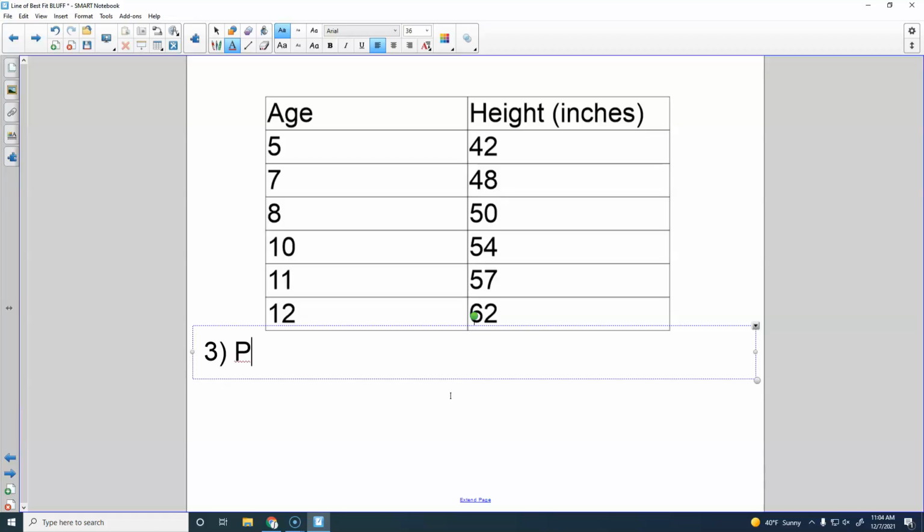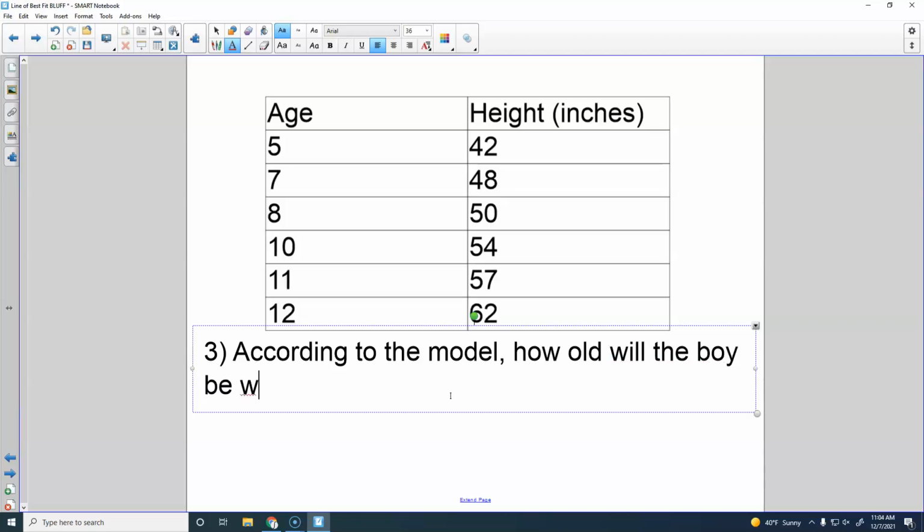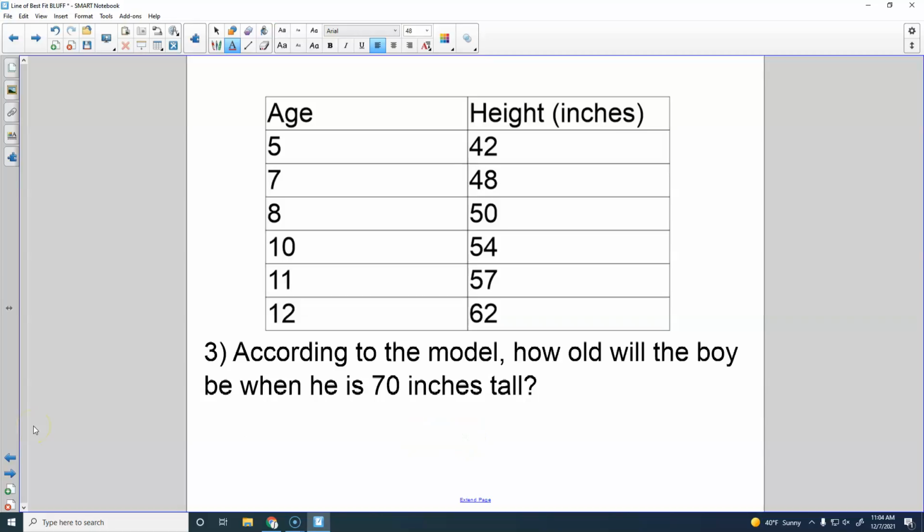According to the model, how old will the boy be when he is 70 inches tall? Let me tell you what to round to.